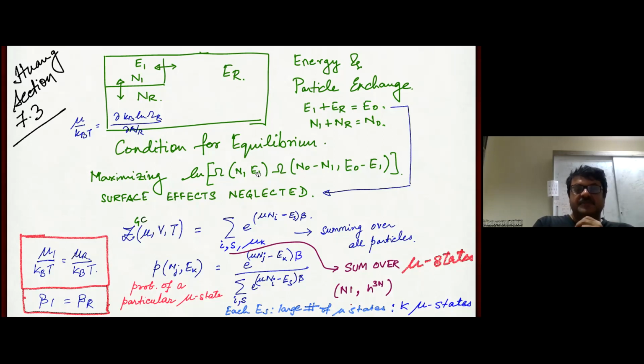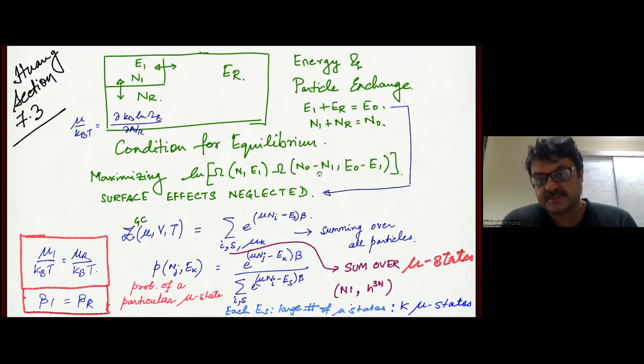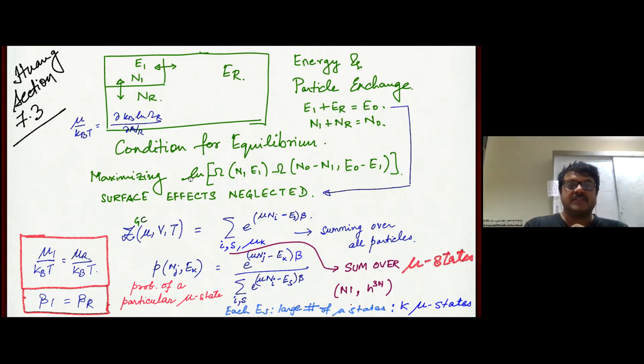We could maximize it because we assume the reservoir plus system, the combined system, is isolated, something like a microcanonical ensemble. The number of microstates is a product of the two because they're considered independent of each other, where we neglected surface energy effects.